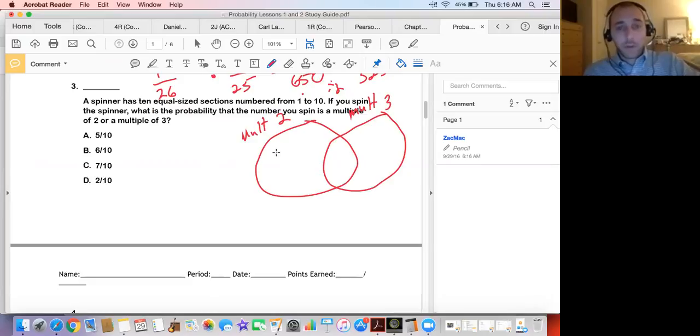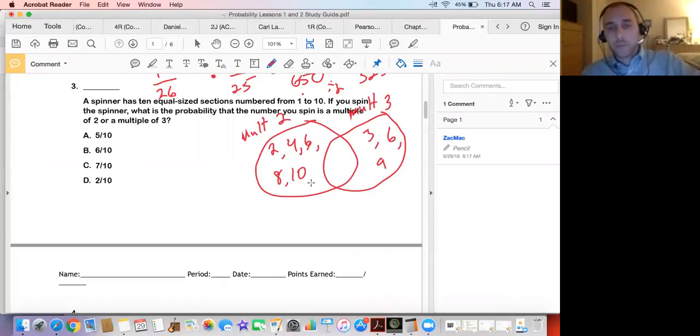So the multiples of 2 on a spinner would be 2, 4, 6, 8, and 10. And multiples of 3: 3, 6, 9. Is there a number that shows up both places? Yes, there is: 6.